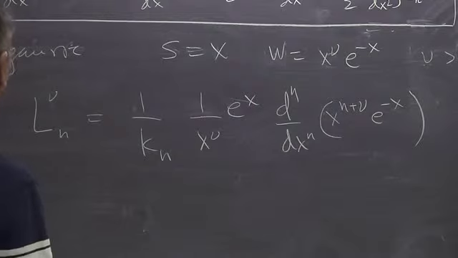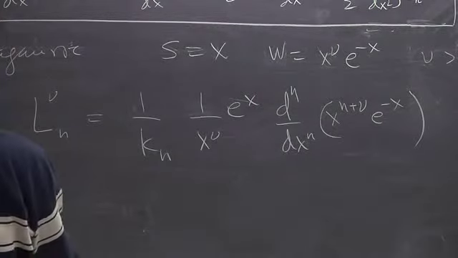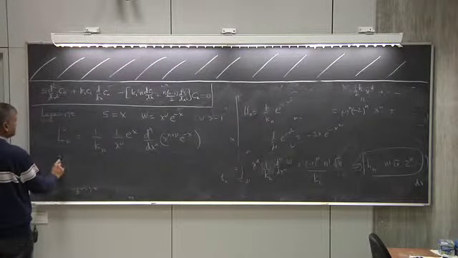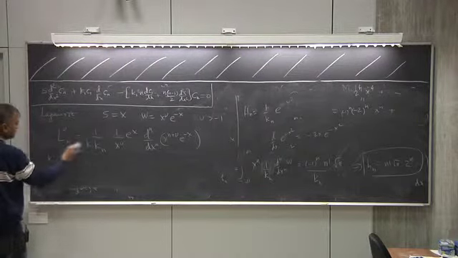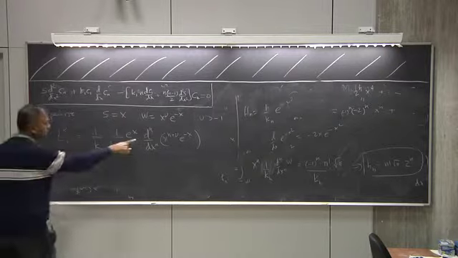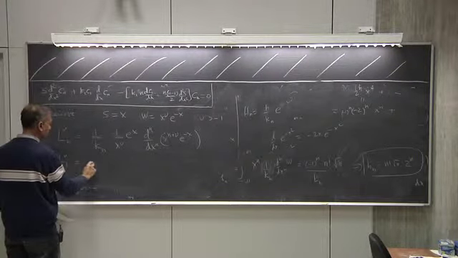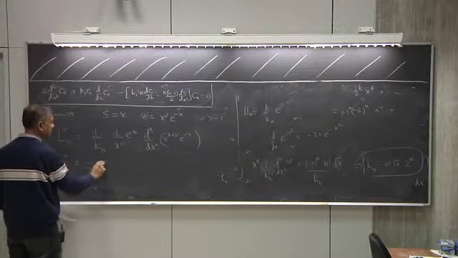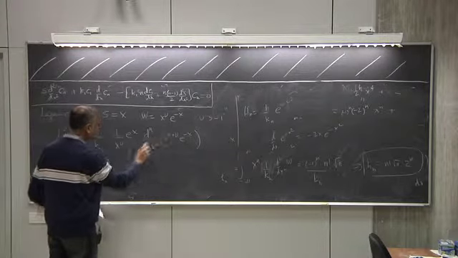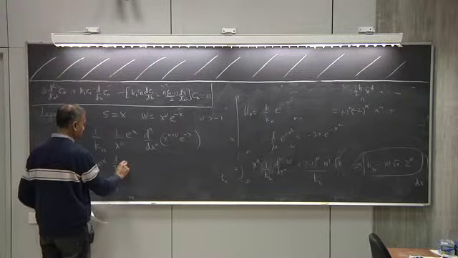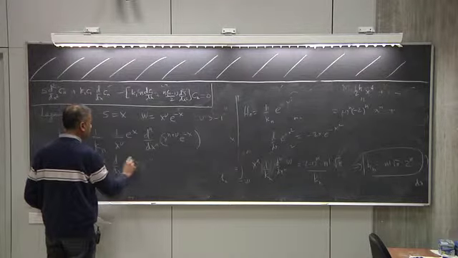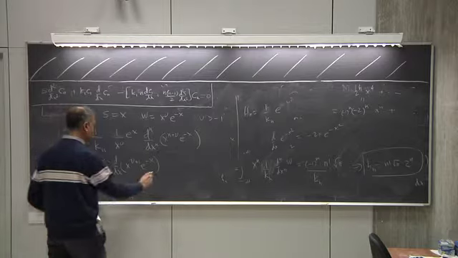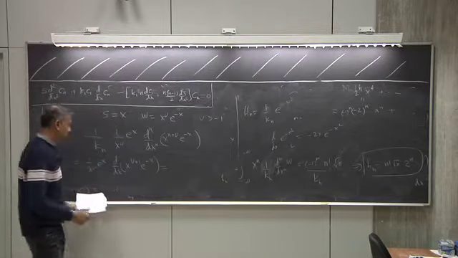So we can compute, for example, what is L1 nu? We need to know L1 for this. So K1 comes here and take n equal to 1. So that is simply 1 over x to the nu e to the x d by dx of x to the nu plus 1 e to the minus x. Let's see, there are two terms.